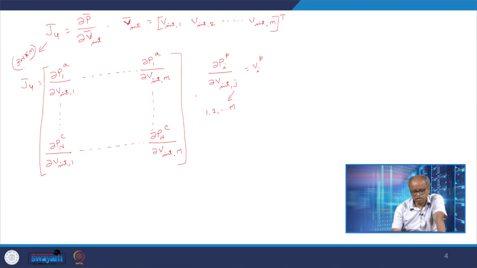Now it is y I j plus n pa cosine theta ip minus theta internal j minus alpha I j plus n pa.